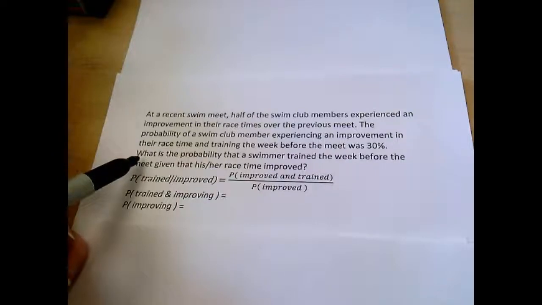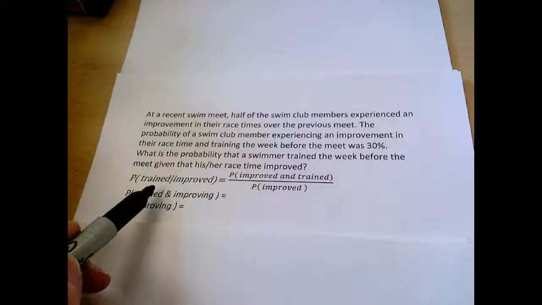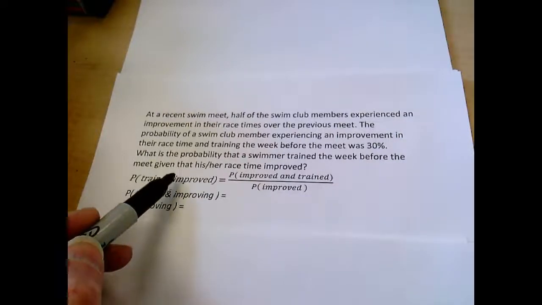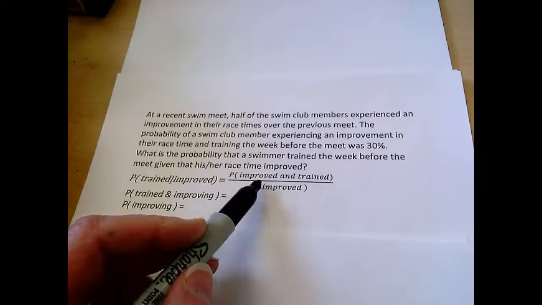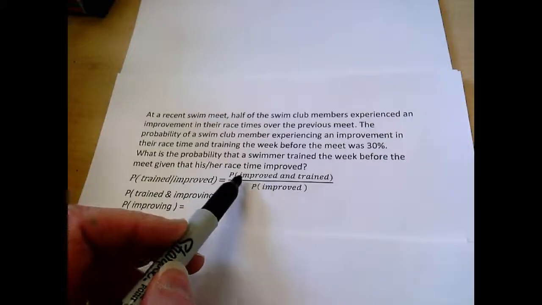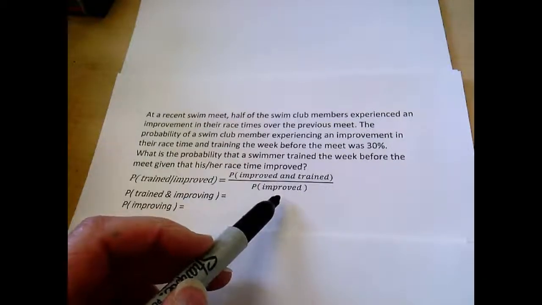What we are asked to find is what is the probability that a swimmer trained the week before the meet given that his or her race time improved. So you're looking at the trained given that they improved. So we're going to try and find the probability of improved and trained divided by improved.